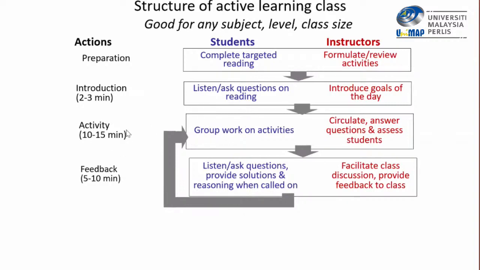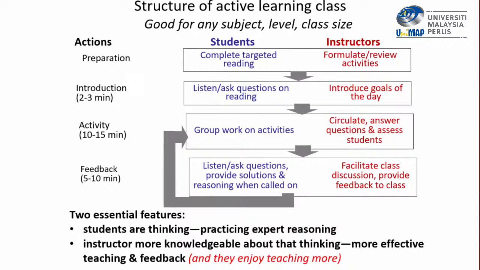And then periodically, every 10 or 15 minutes, the instructor will pull the class together, provide feedback, answer questions, and bring all the students up to a similar level. And then the students will go back and continue working through the activity for the duration of class time.